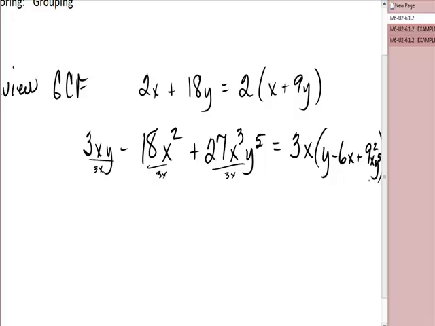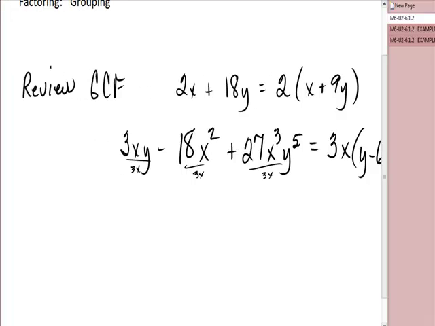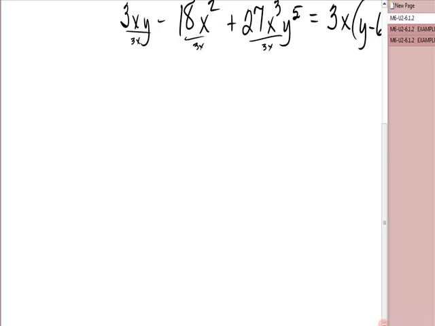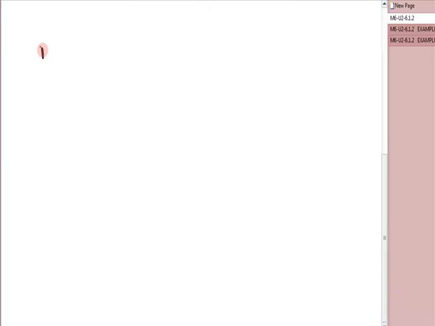My point in this is, when you're working with greatest common factor, it doesn't matter if you have a binomial or a trinomial or something bigger. If there's something in common to all terms, you factor it out. Now, the technique that we're going to look at in this lesson is called grouping.